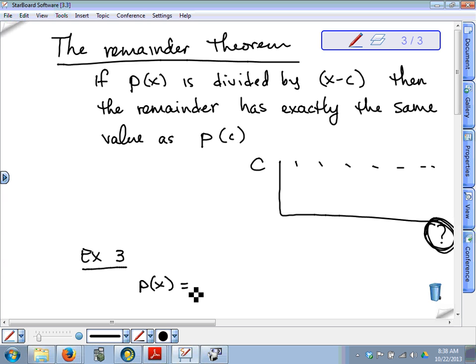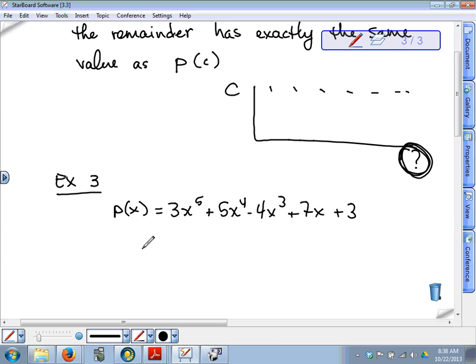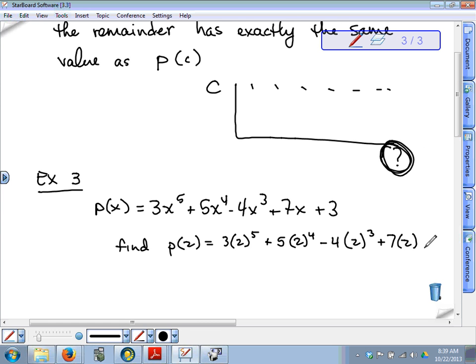Now I know that might not have explained anything further, so let's try an example. Here's the polynomial: 3x to the 5th plus 5x to the 4th minus 4x to the third plus 7x plus 3. If I asked you to find p of 2 by hand, no calculators, remember, that's going to equal 3 times 2 to the 5th plus 5 times 2 to the 4th minus 4 times 2 cubed plus 7 times 2 plus 3.